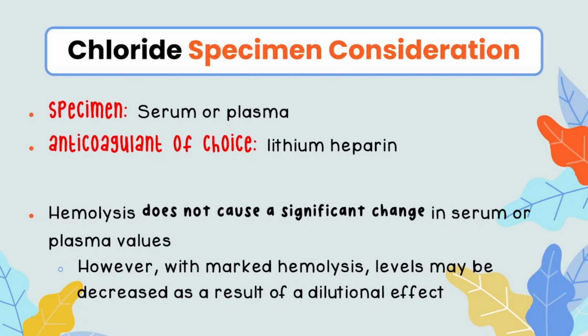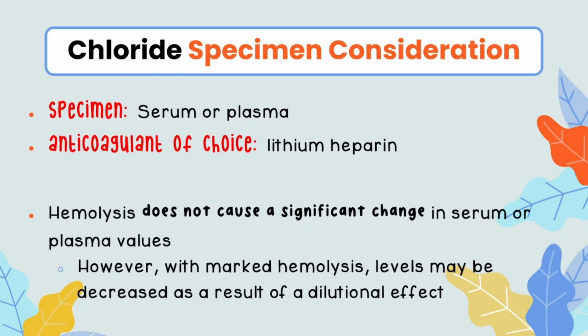In electrolyte testing, kids, the anticoagulant of choice would be lithium heparin or heparin in general because, as stated by Bishop, heparin compared to other anticoagulants has minimal chelating properties, minimal effects on shifts in water, and a relatively low cation concentration.